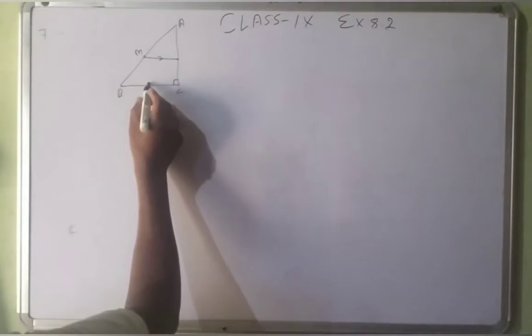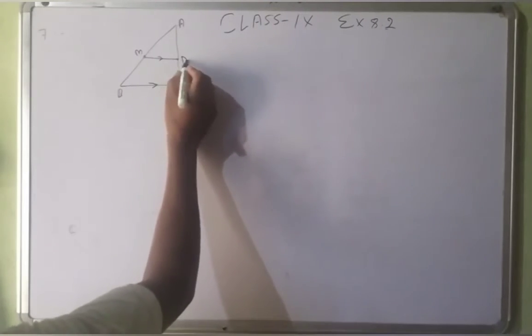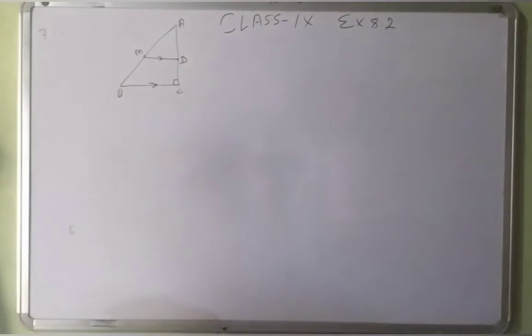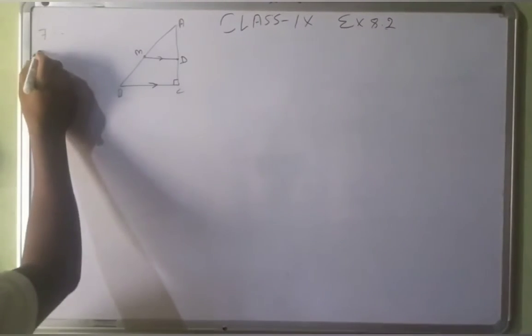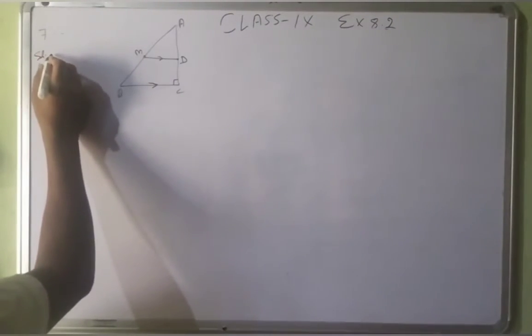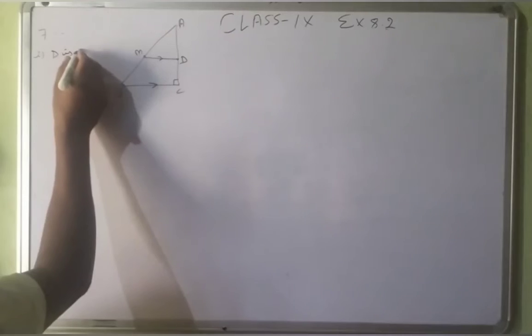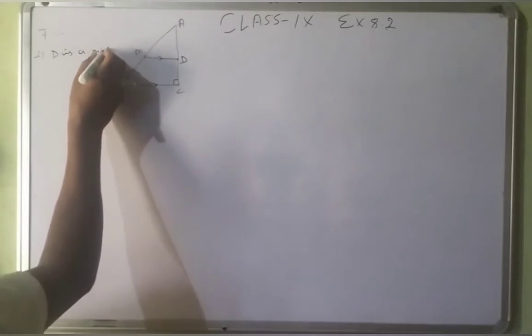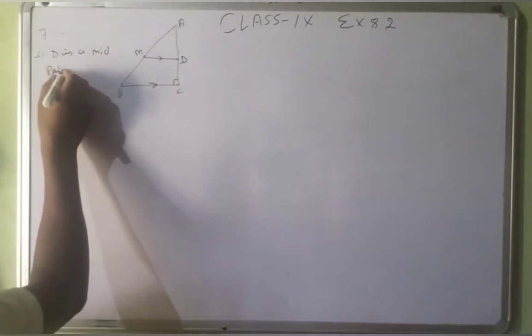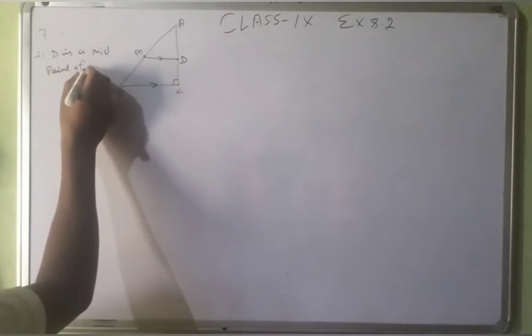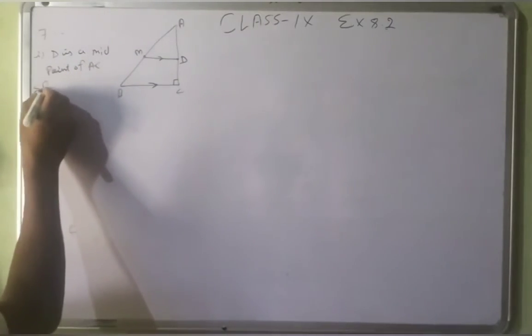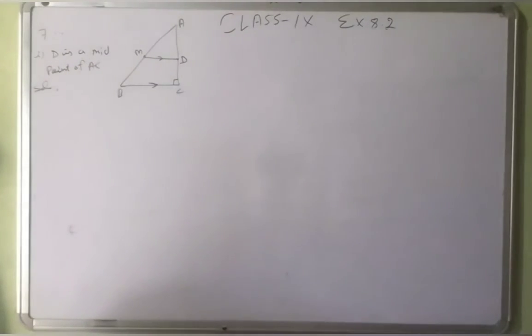These are parallel, and that is D. So first of all we need to prove that D is the midpoint of AC.